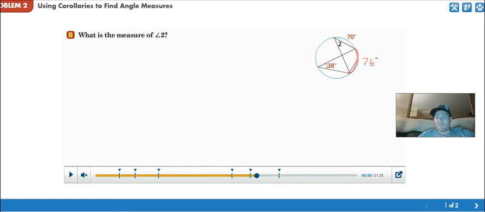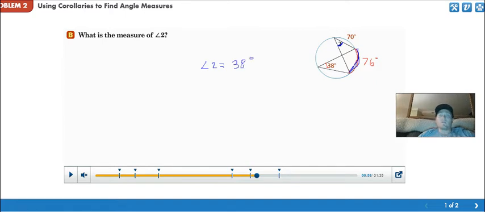If I'm trying to find out what angle 2 is, here's this inscribed angle right here. We notice that it has the same exact arc length, which is 76. So angle 2, if I take half of 76, is going to equal 38 degrees.